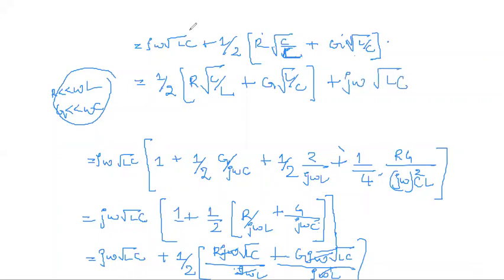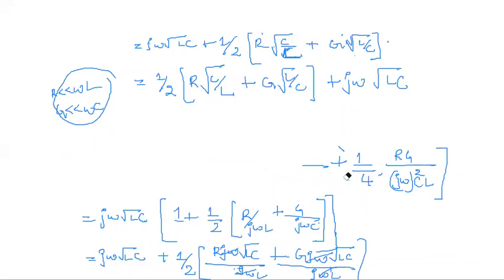Why have I written it in terms of A plus jB form? What is one more formula of the propagation constant gamma? Alpha plus j beta. Yes, you have alpha plus j beta. This whole equation is actually gamma.